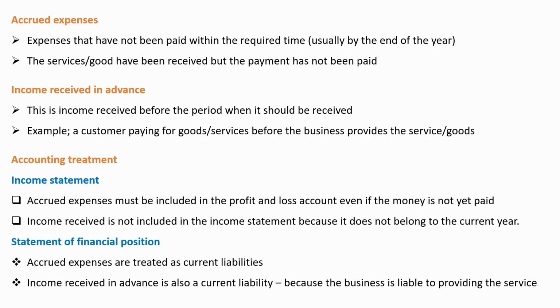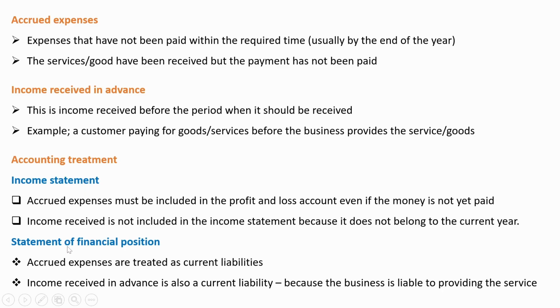And if it had been included in the 2025 income, you are supposed to eliminate it. You are supposed to deduct it. So that income will be recorded in the year when it was supposed to be received. Remember, again, we don't look at how the cash is moving in the income statement. We look at when the income is supposed to be received, not when the cash changes hands.